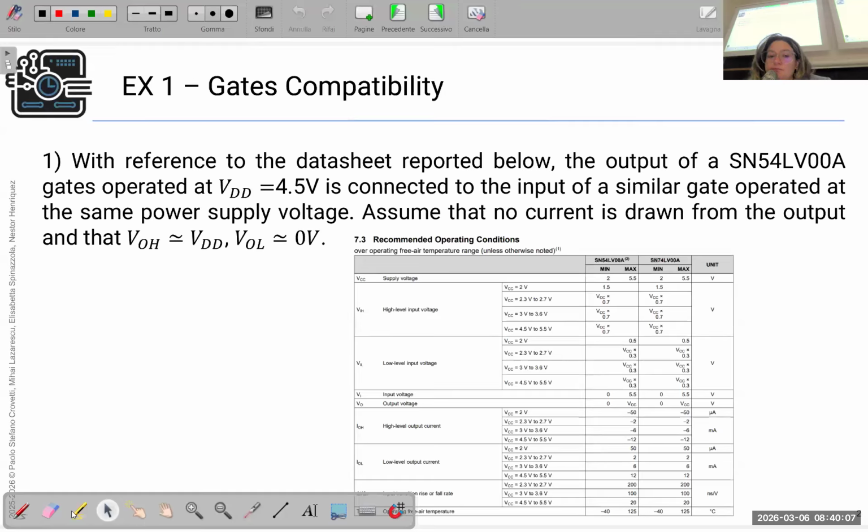So if we have 4.5 volt, here we have to find the VCC equal to 4.5 volt. And in this case, for VIH it is this row.